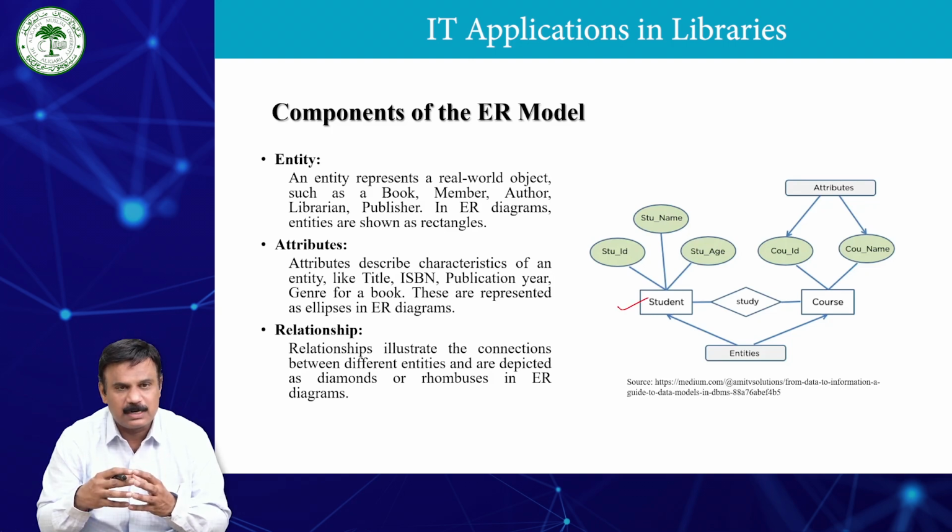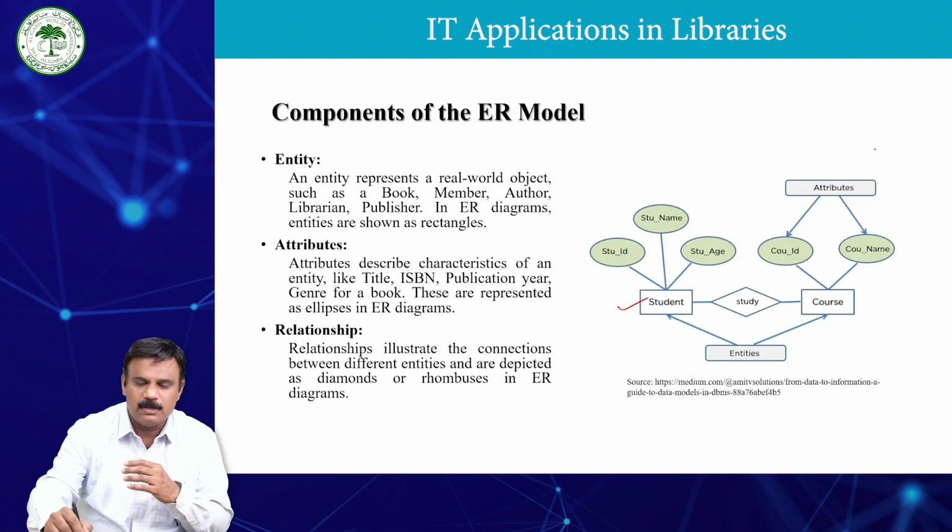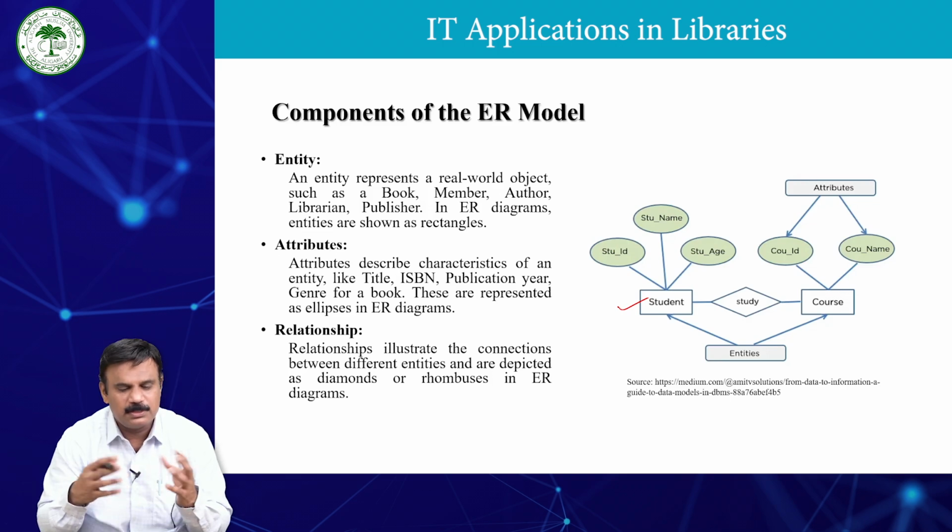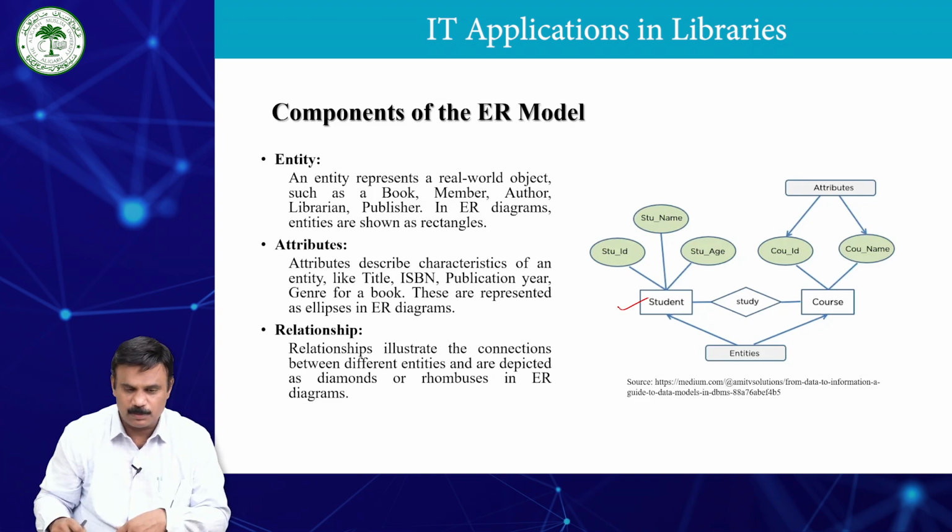Attributes describe characteristics of an entity like title, ISBN number, publication year, etc. This is represented as ellipses in the diagram. You will find it here. Relationships illustrate the connections between different entities that are depicted as diamonds or rhombuses in ER diagrams. Okay, so these are the three components of ER model.